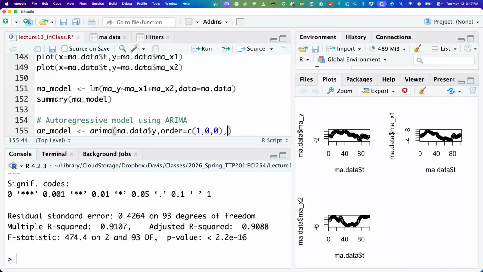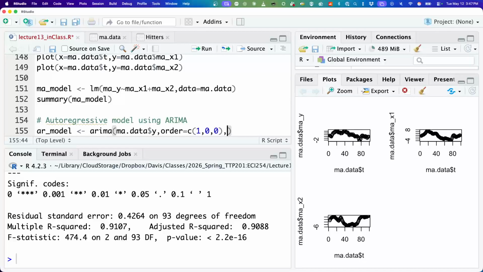c(1,0,0). This order input for the ARIMA function has different components that you can add to it. The first one, where we're putting the 1, is for autoregression, how many lags we're including. The last one is for the moving averages.